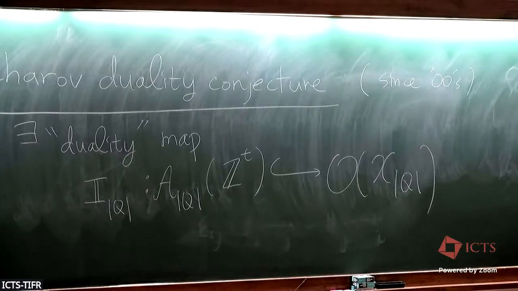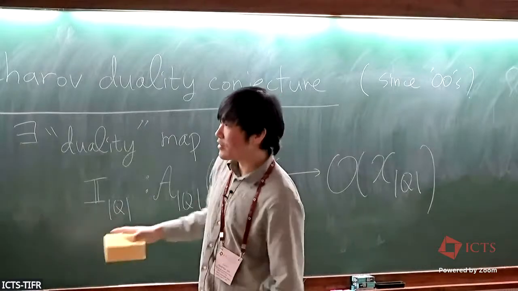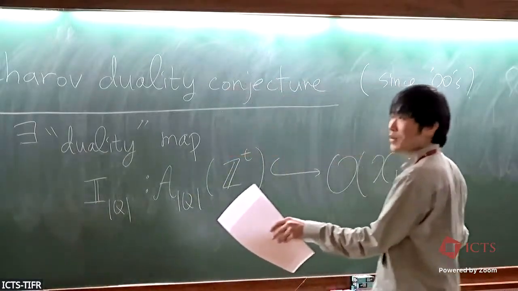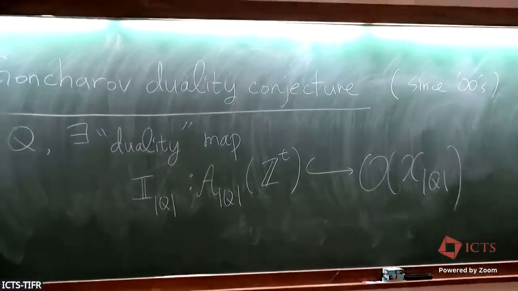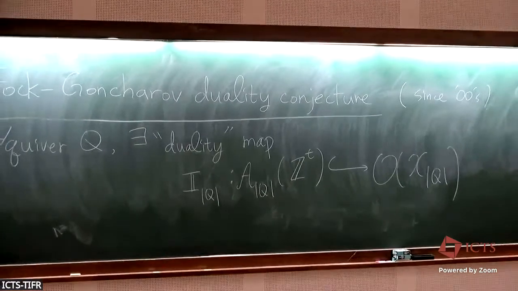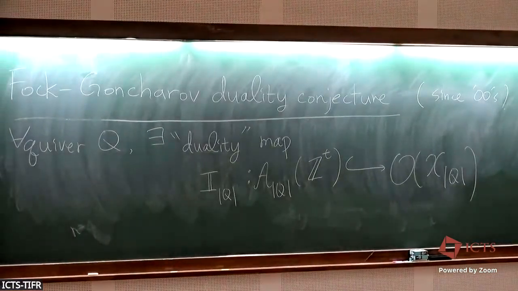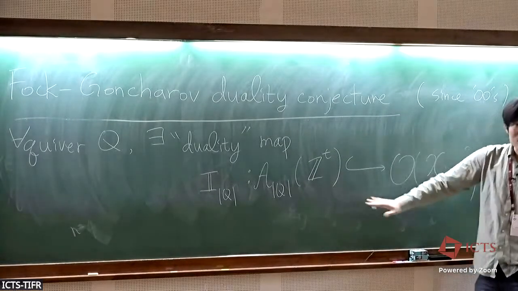This is for any quiver, but if you apply it to this Q_{T_N} quiver, this will tell you some duality between A_{SL_N} and X_{PGL_N}. And I have to tell you what I mean by Z^T, and what I mean by Z^T points, and then I have to tell you what this map has to satisfy.